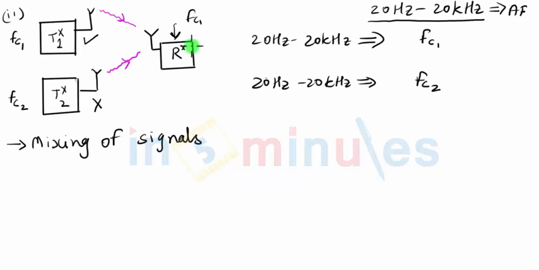Similarly, if I want the receiver to receive the signal from the second transmitter, we will tune the receiver to FC2, and that's how it will receive the signal from the second transmitter, and the signal from the first transmitter will be blocked because it will be present around FC1. So the same process of modulation will solve the second problem also. All we'll have to do is use different high frequency signals for different transmitters.